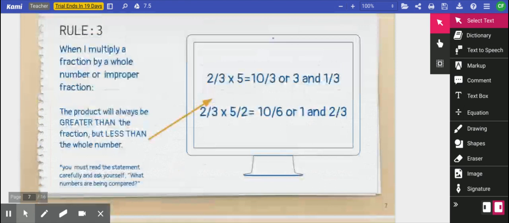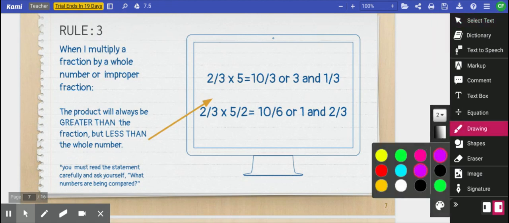So when I multiply 2/3 times 5, 5 is a whole number. When I multiply, my answer is 10/3 or 3 1/3. I converted it to a mixed number. If I compare, my answer is bigger than the fraction. Right now, my fraction is 2/3, and my answer is 3 1/3.